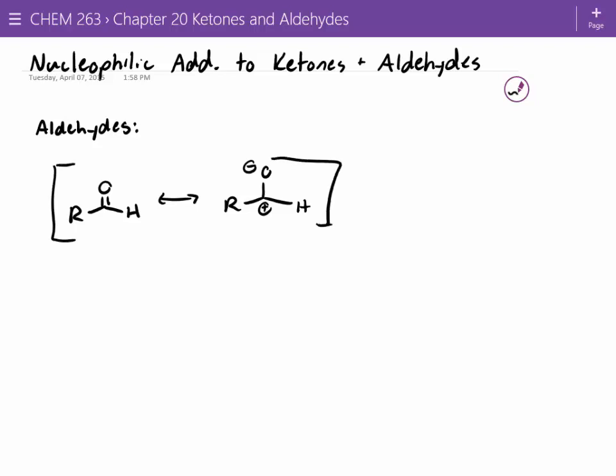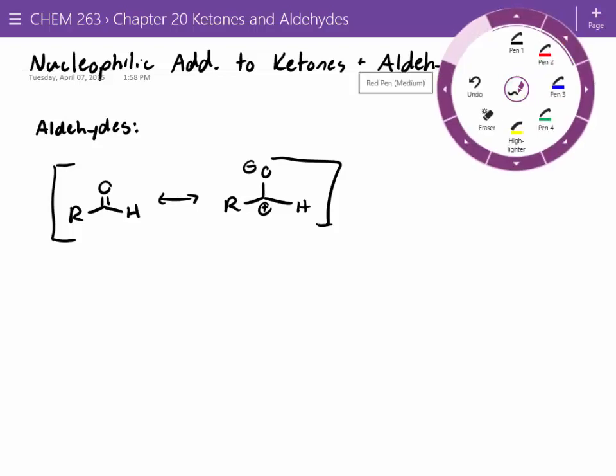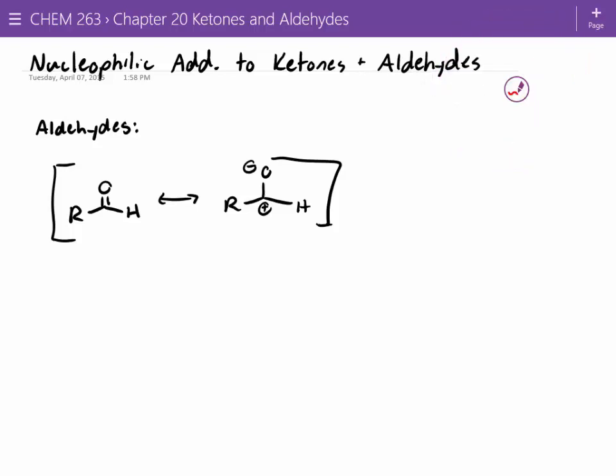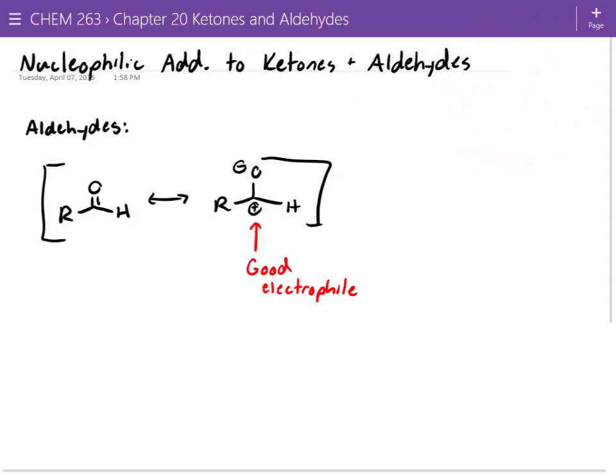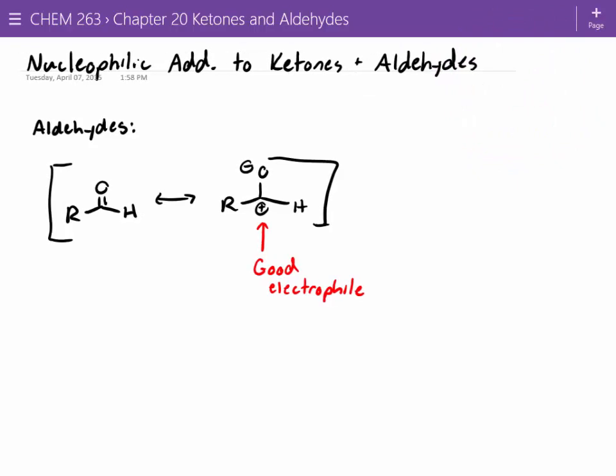So if you think about it, which position on an aldehyde is going to be very electrophilic? Which site wants electrons? The carbon, right? It's got a partial positive on it, so we could say this is a good electrophile. And we can also think about it just simply due to induction.